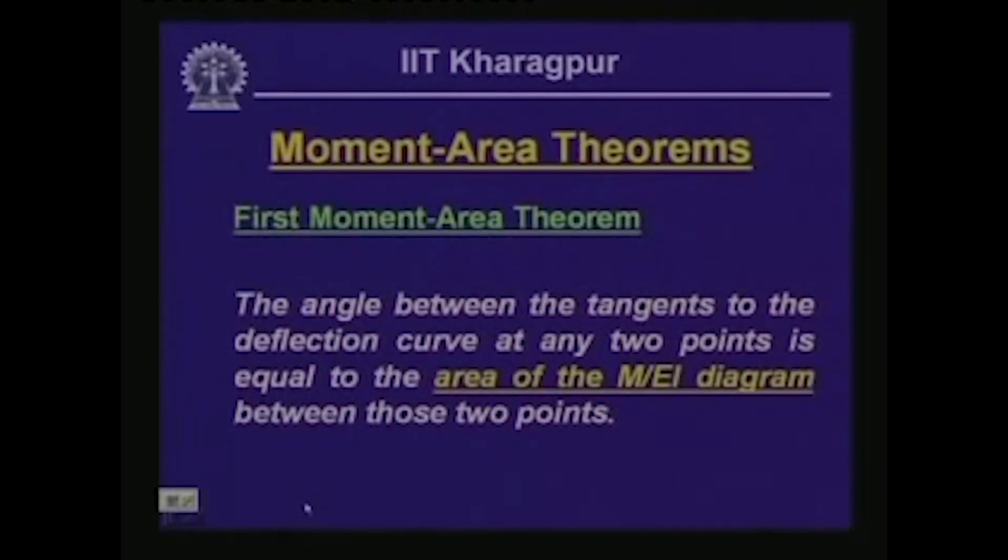Well, then having looked into this, let us look into some aspects of the moment area theorems. The moment area method is basically a method for evaluating the slope and deflection of beams subjected to different kinds of loading.